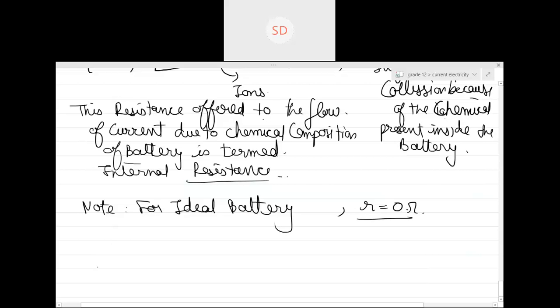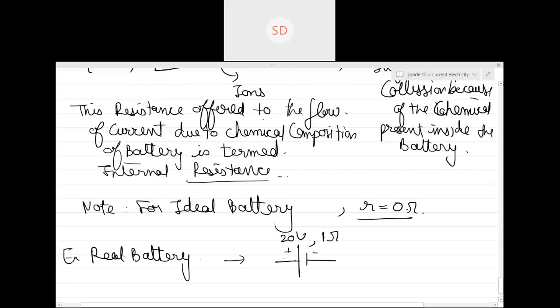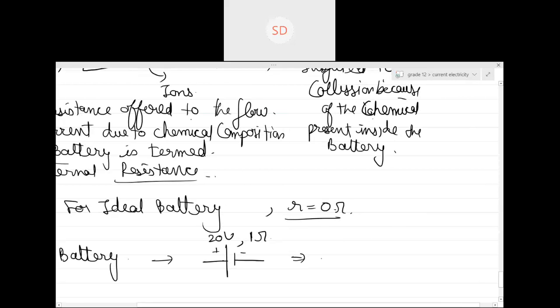Is this clear? For example, if I have a real battery, how will it be shown? Let's say this battery has 20 volts, and with a comma you write the internal resistance, let's say 1 ohm. How will you treat this internal resistance in circuit analysis?